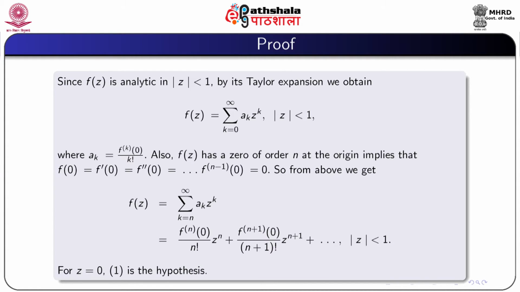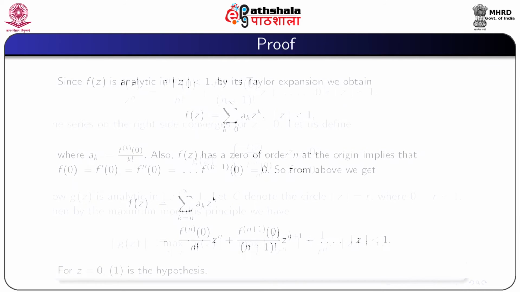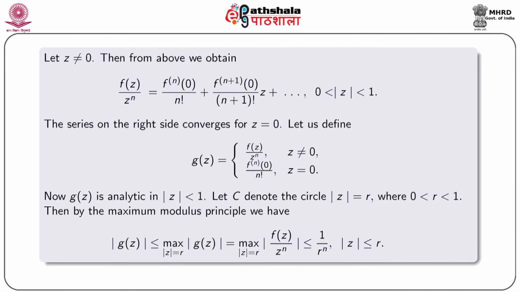For z equal to 0, 1 is the hypothesis. Let z not equal to 0. Then from above we obtain f(z) by z to the power n equal to the nth derivative of f at 0 by factorial n, plus the (n plus 1)th derivative of f at 0 by factorial n plus 1 into z, plus etc., where 0 less than mod z less than 1.